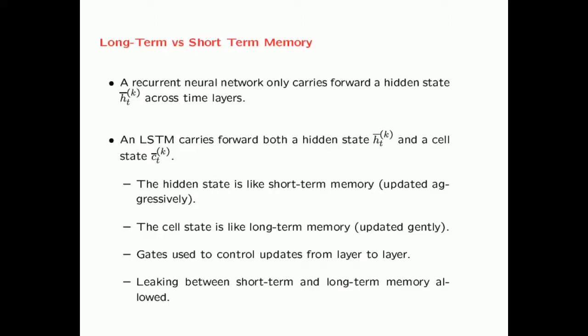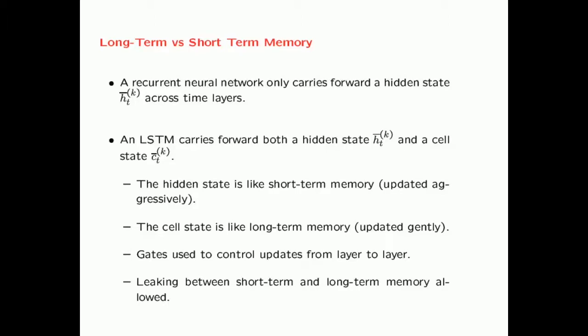And similarly, you have a cell state. For each hidden state h_t^k, you have a cell state c_t^k. The hidden state is like a short-term memory which is updated more aggressively, whereas the cell state is like a long-term memory which is updated gently. As you'll see, there is some level of copying occurring, and the level of copying is controlled by analog gates.